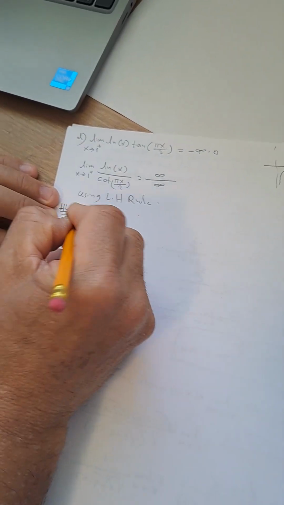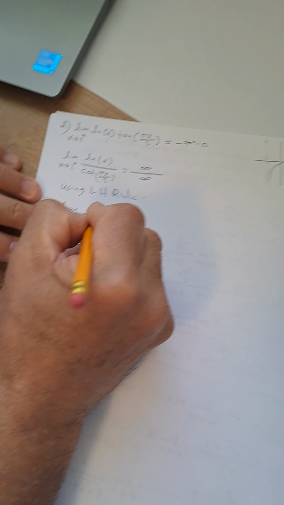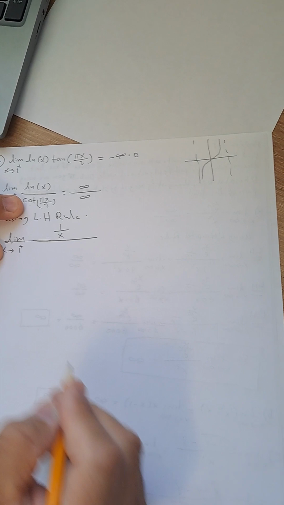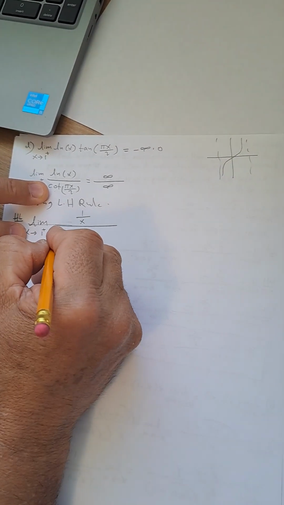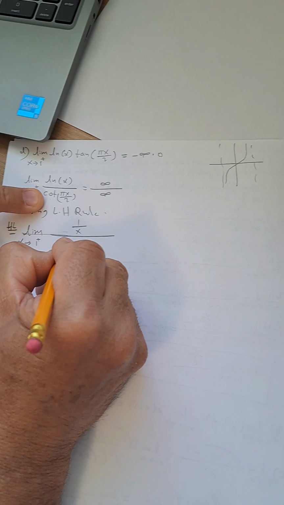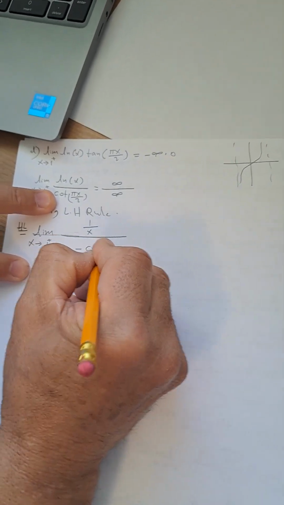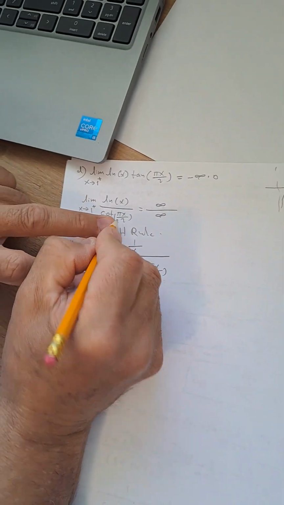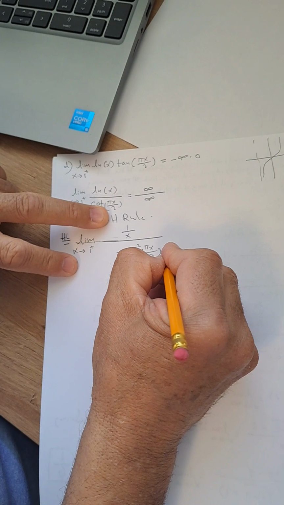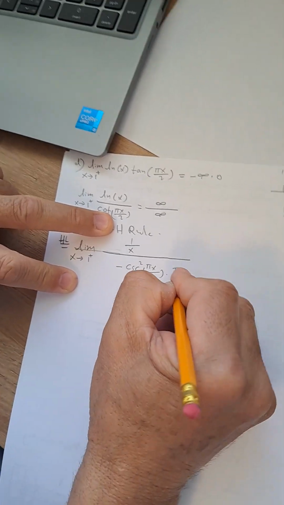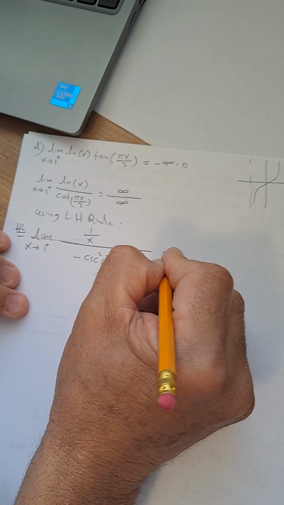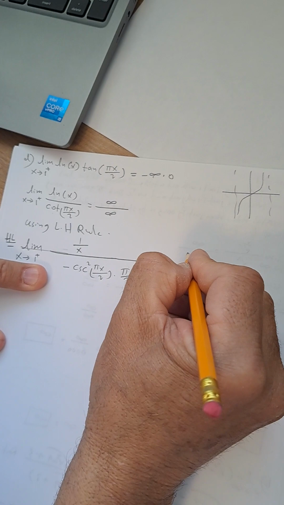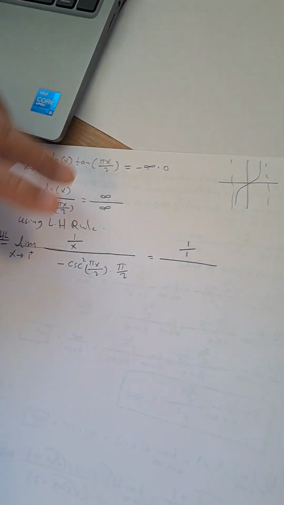The limit as x approaches 1 plus of 1 over x, over the derivative of cotangent, which is minus cosecant squared of pi x over 2, multiplied by the derivative of the inside, which is pi over 2. If we substitute 1, it will be equal to 1 over 1, which is 1.